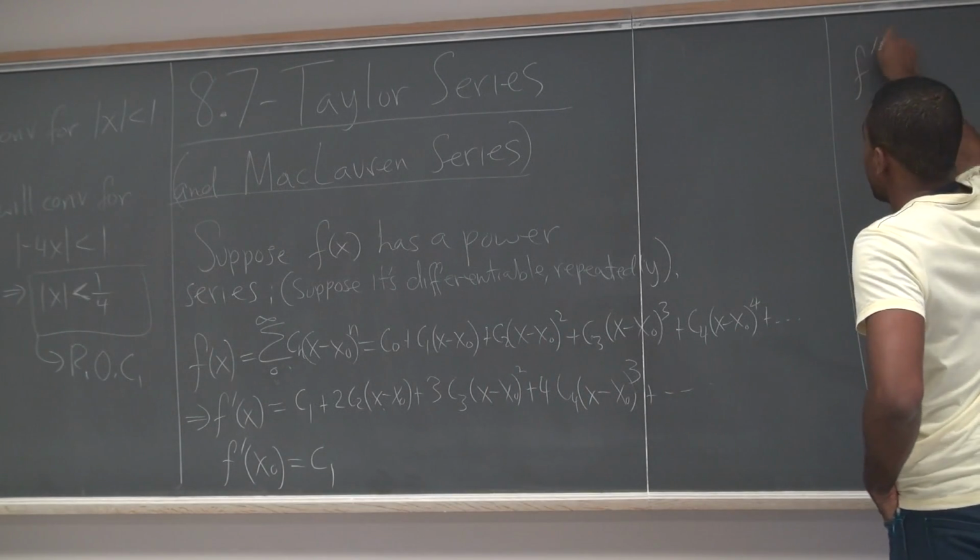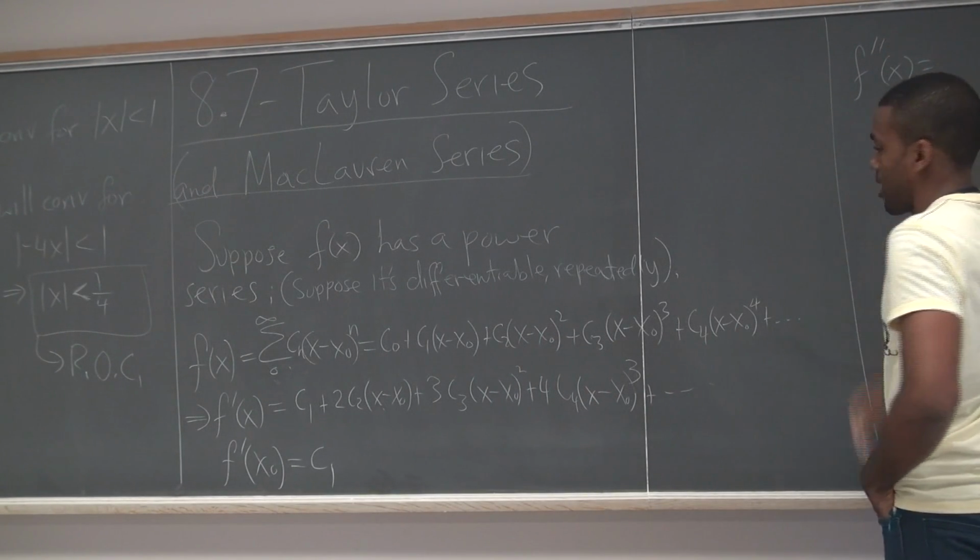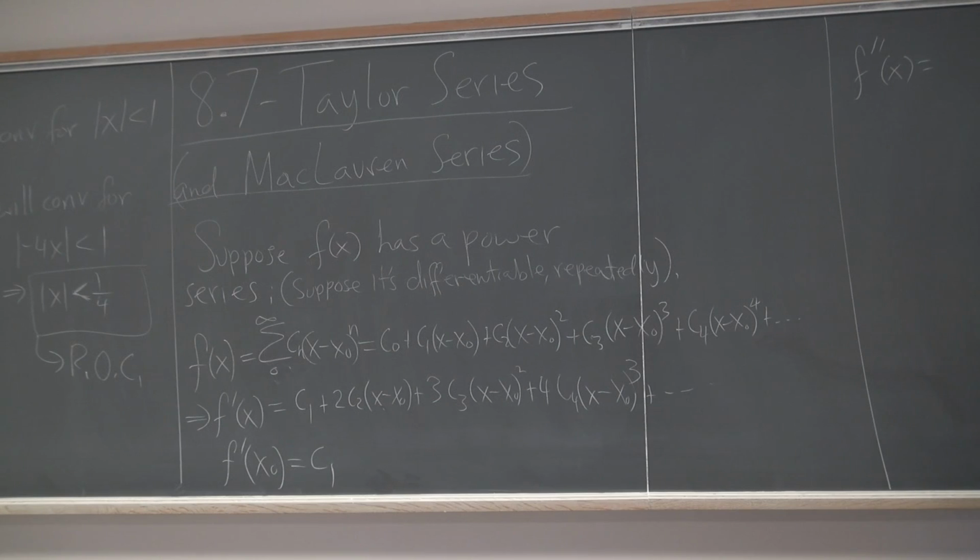Let's keep going. What's the second derivative look like? Taking the derivative of this, I get 2C2 plus 6C3 (x minus x naught) plus 12C4 (x minus x naught) squared.